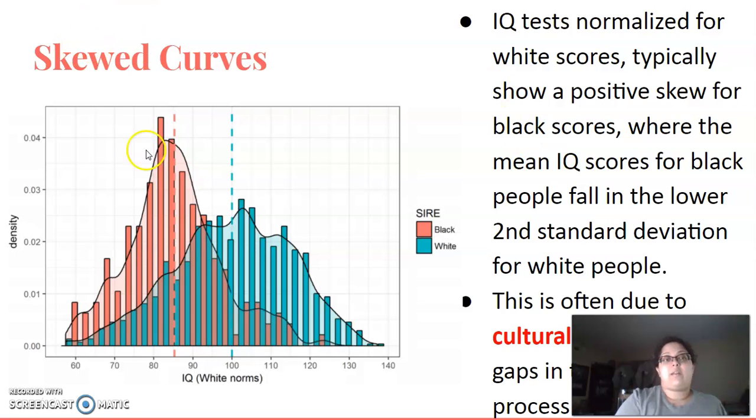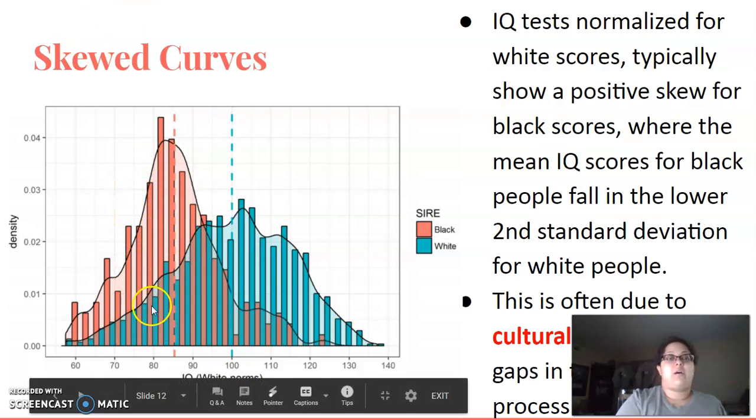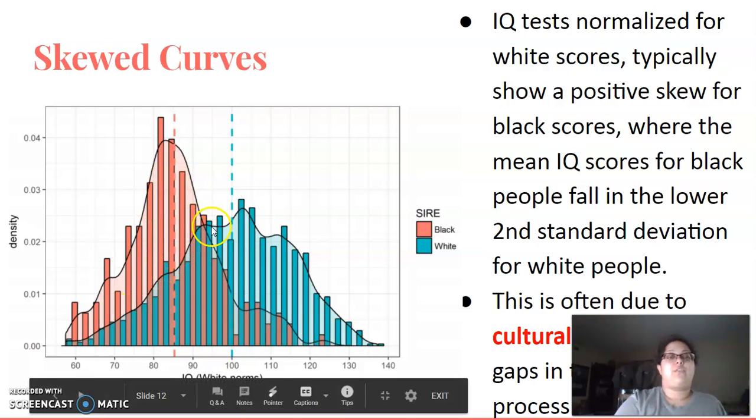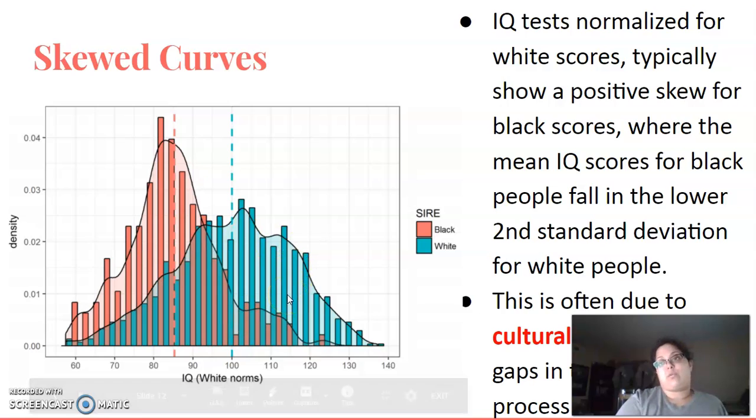So looking at this, you can see that here, you have the black population that's leaning to the positive side. Okay, it's leaning to the left. So this is a skew versus the normal of the white people IQ test scores. In this particular case, IQ tests are typically normalized for white people.